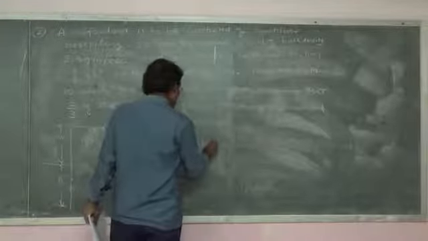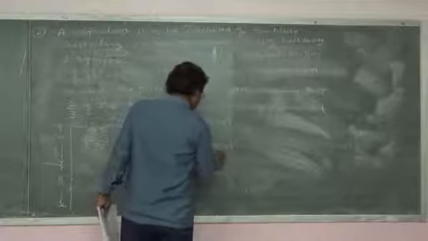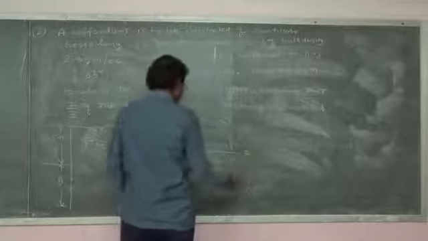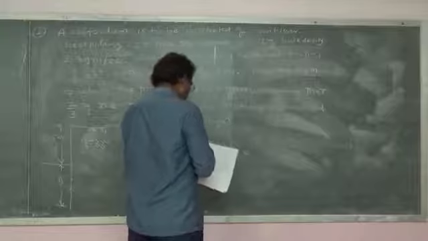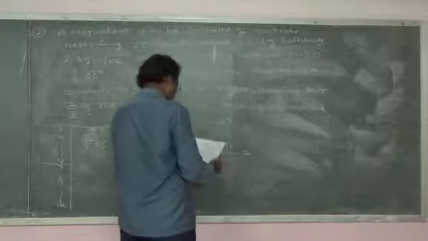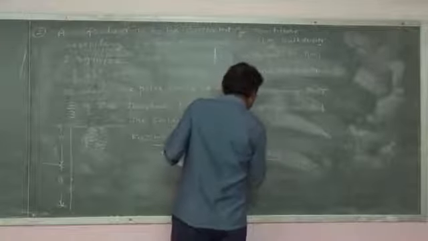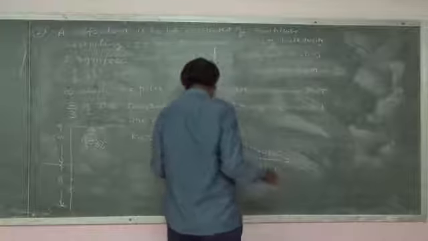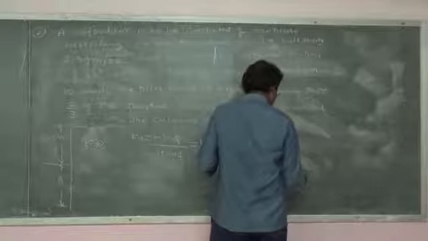This equals 1 minus sin 33 degrees divided by 1 plus sin 33 degrees, which is 1 minus 0.545 divided by 1 plus 0.545. If you simplify this, you will get 0.294.